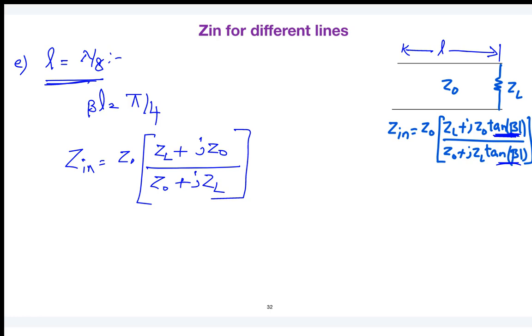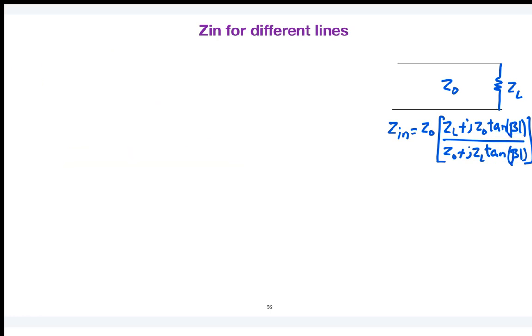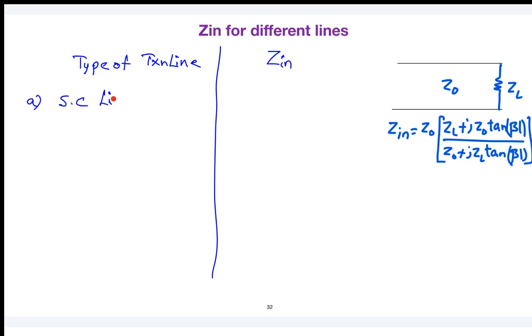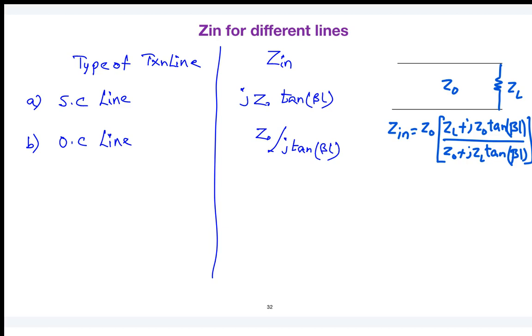I will summarize all these cases in a simple table, with the type of transmission line and my input impedance. First, when it is a short circuit line, the value will be jZ0 tan beta L. If it is an open circuit line, you get Z0 by j tan beta L. If it is a lambda by 4 line, which means quarter wave transmission line, Z0 square by ZL.